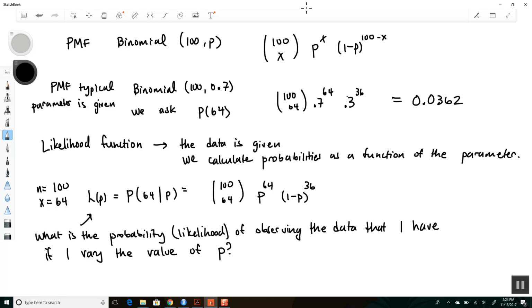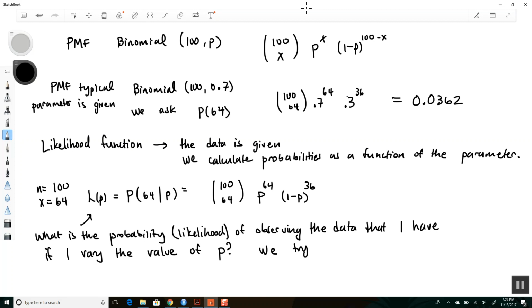So what is the probability of observing the data that I have if I vary the value of p? We try out a bunch of values, like I just demoed, the guess and check, am I getting warmer or colder? Probably in 100B you found this function.